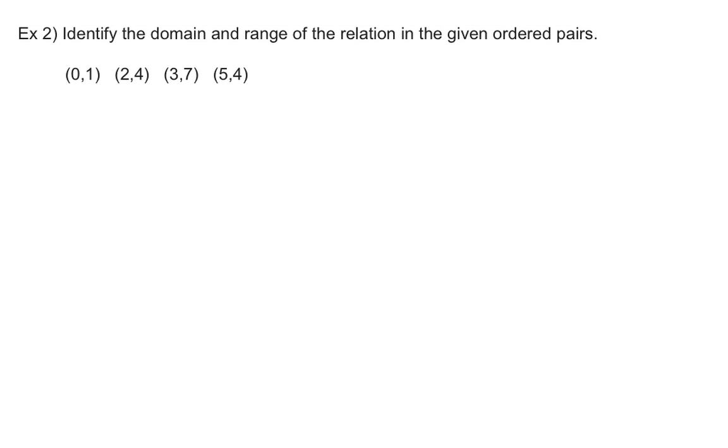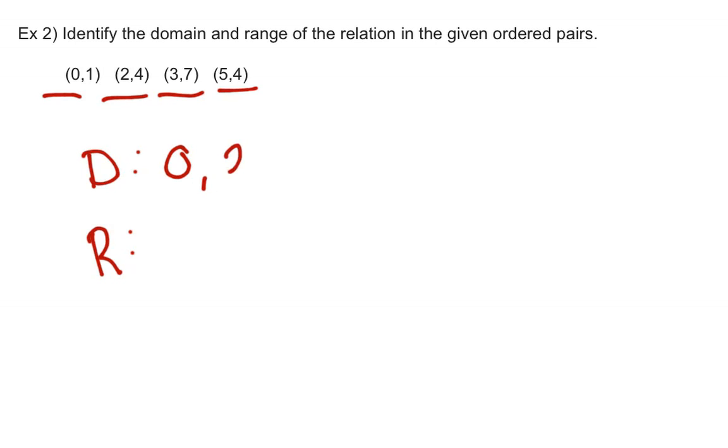Okay, example 2. It says identify the domain and range of the relation in the given ordered pairs. So each one of these things is a relation because two numbers are being related to each other. All we're simply doing is stating what the domain is, and then stating what the range is. Well, remember, our domain is just our x's: 0, 2, 3, and 5.